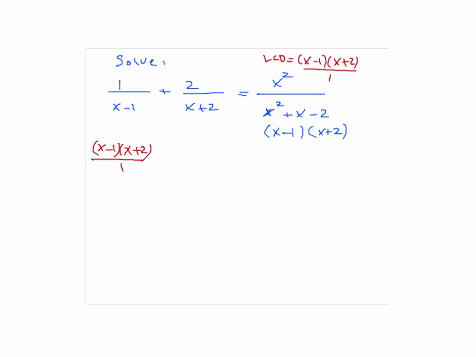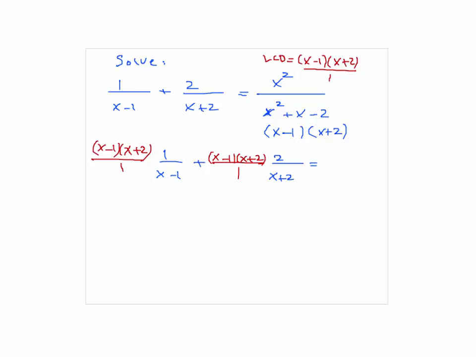So you take the first term and multiply it by the LCD. You take the second term and multiply that by the LCD. So your next step would be to reduce the fraction.